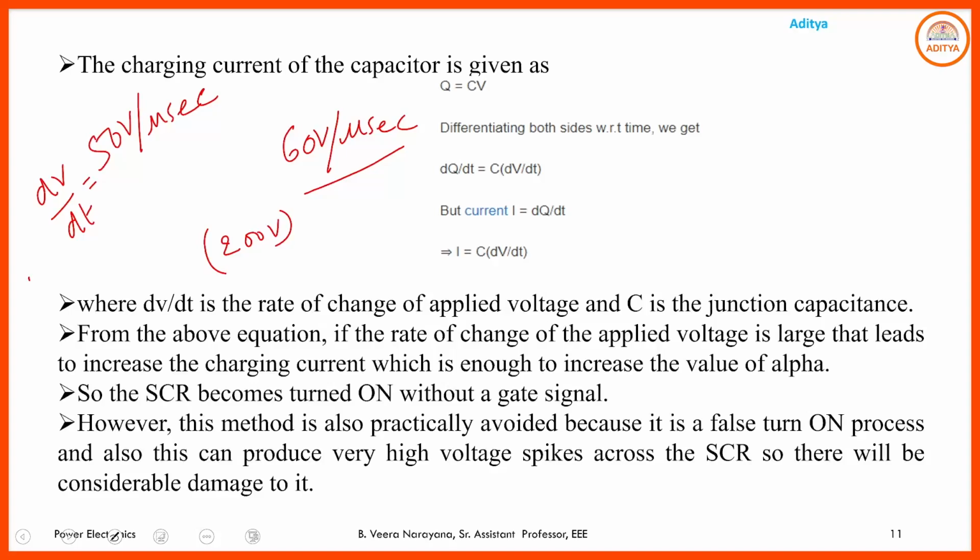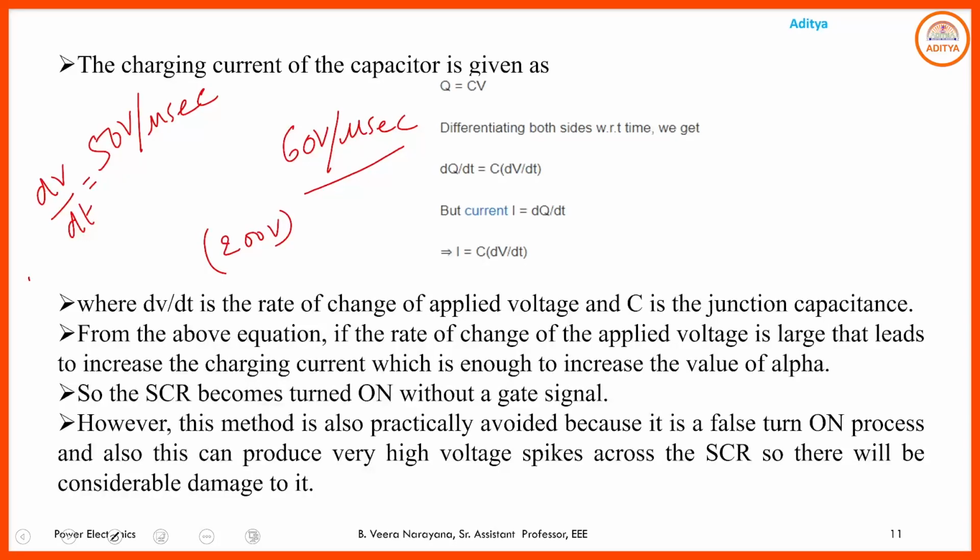So due to this dV by dt triggering, unwanted conduction of the SCR will take place. Hence, from a theory point of view, this dV by dt triggering is used to turn on the SCR.